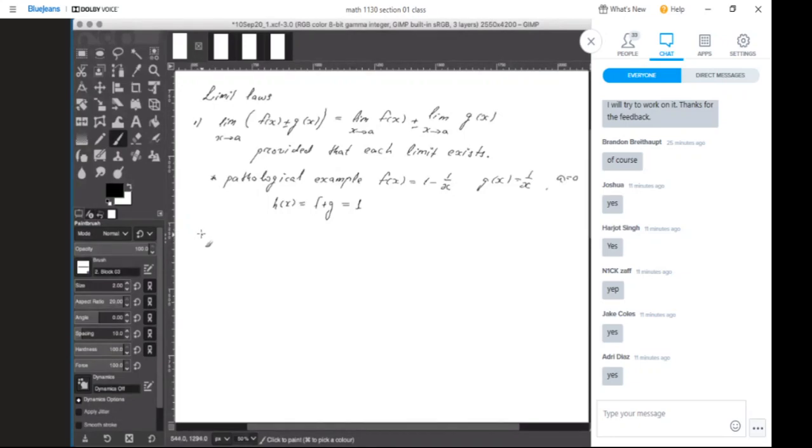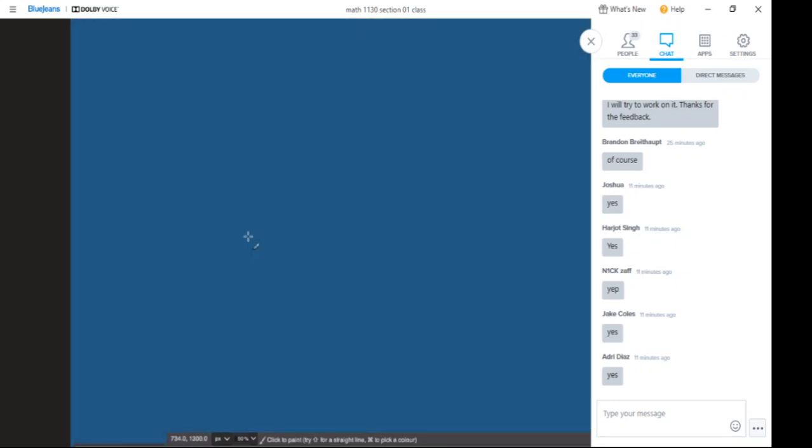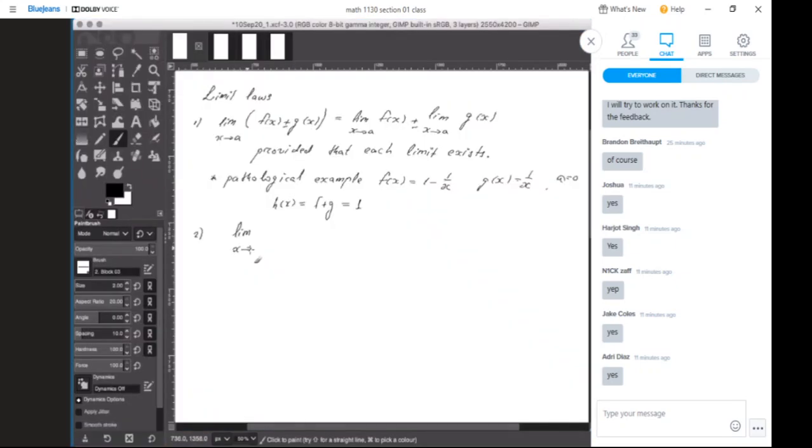Now let's move to a more interesting rule. So this time, the limit as x goes to a of some constant c times a function f of x. So this is a constant.